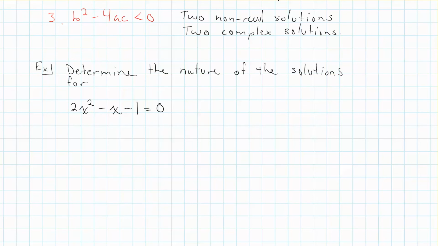So since we're determining the nature of the solution, we're not asked to solve it. We just need to know, are they two real solutions, one real solution, two complex solutions. So we're going to use the discriminant.